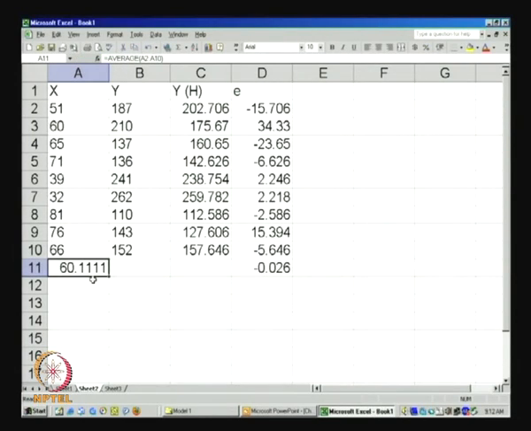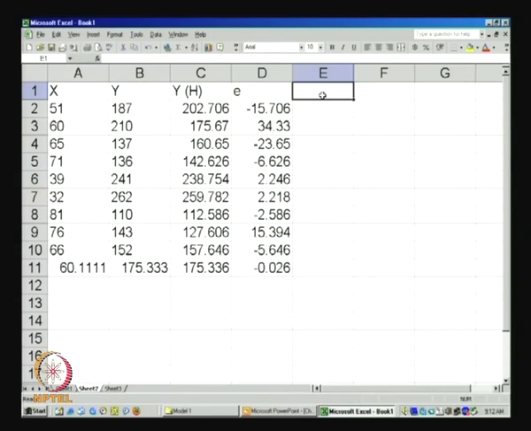So the mean of this series is 60.11, and the other is 75.33. This is the mean of x, this is the mean of y, and this is the mean of y hat.